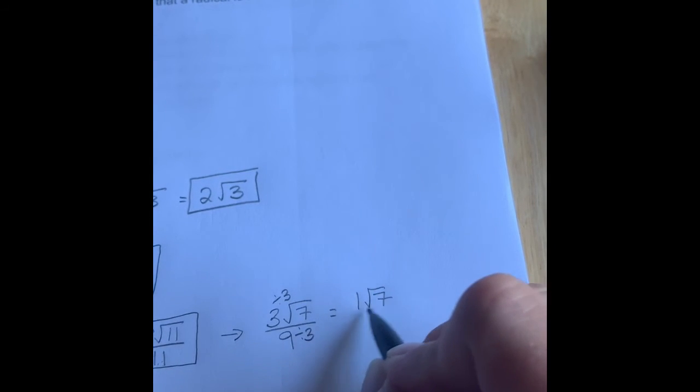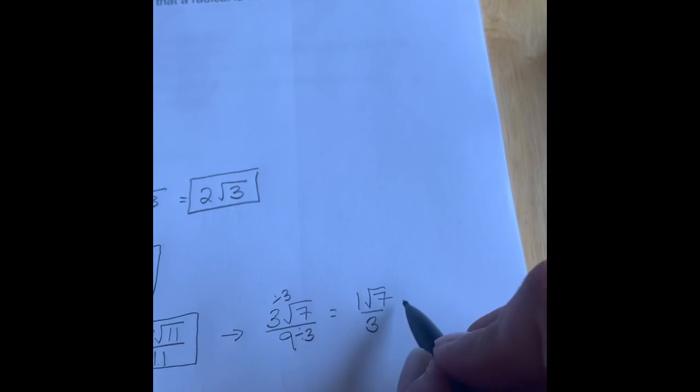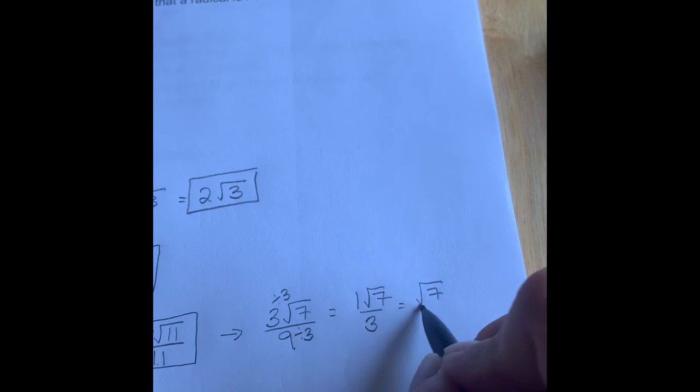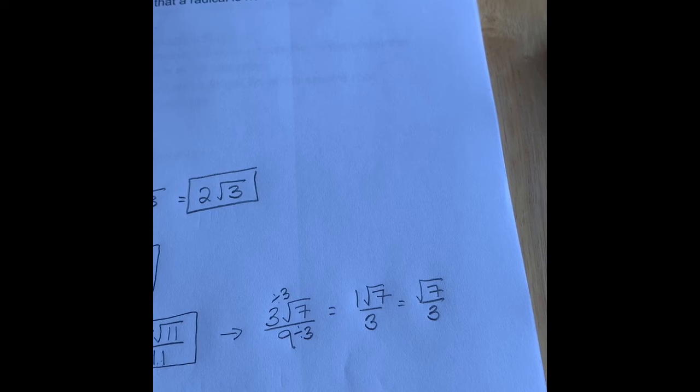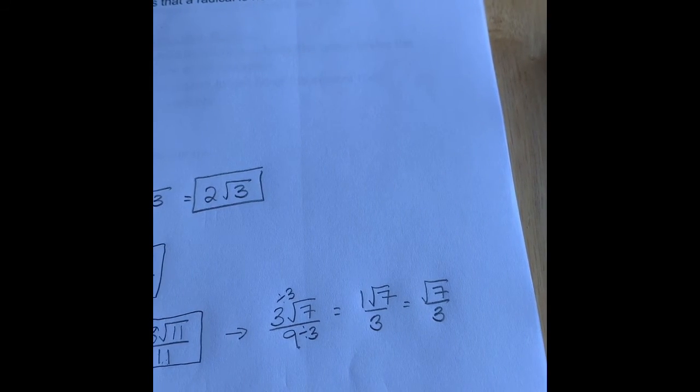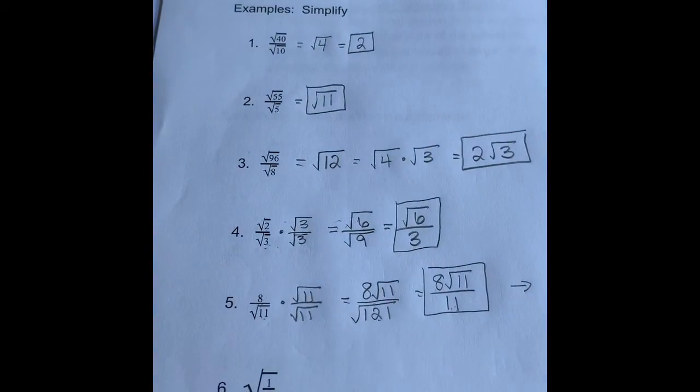So if I divided both of those by 3, 3 divided by 3 is 1, so we'd have 1 square root of 7, and 9 divided by 3 is 3, so our final answer would just be the square root of 7 over 3. So that's just another example similar to number 5 where the fraction could be simplified further. On number 5 itself, we could not.